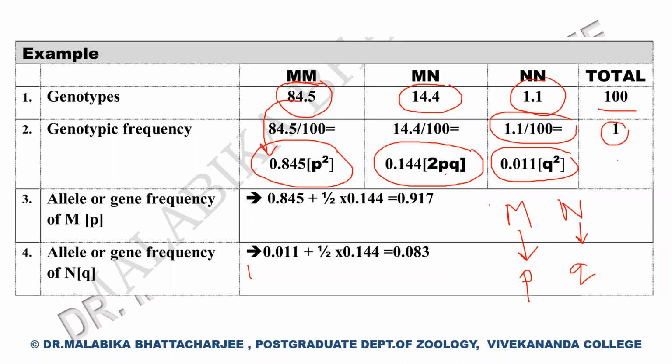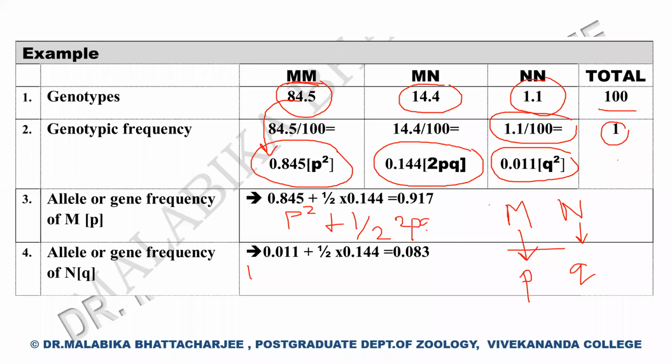Keep that in mind. Now, from this p square, 2pq and q square, which I've worked out, I now calculate the allele or gene frequency for M. I simply use the formula. This is my p square plus half of 2pq, and I get a value of 0.917.